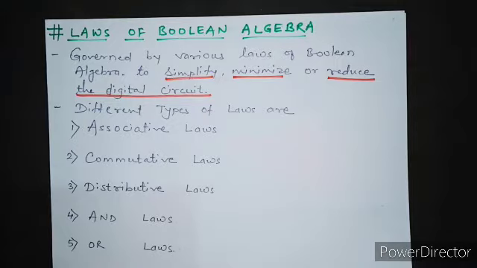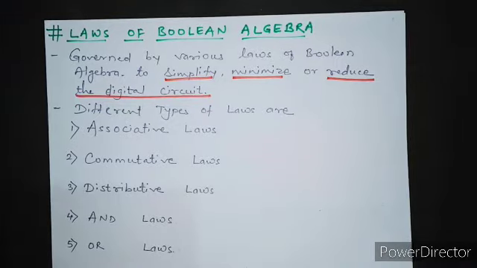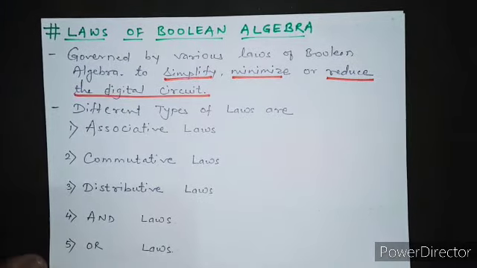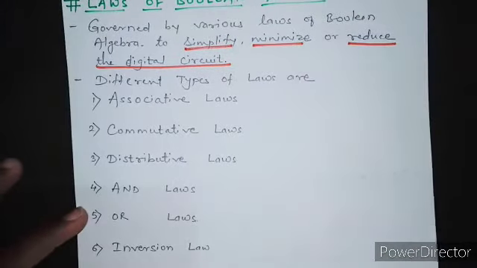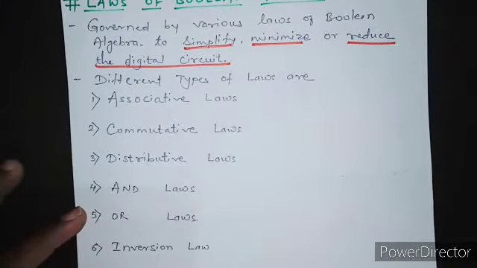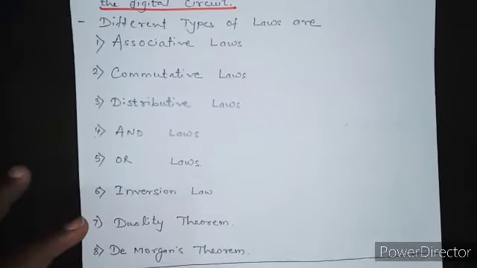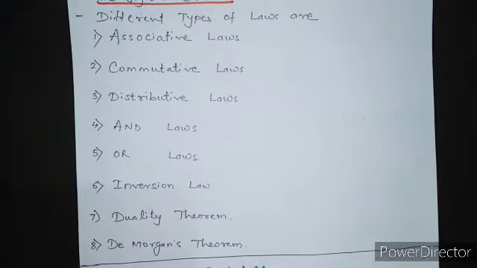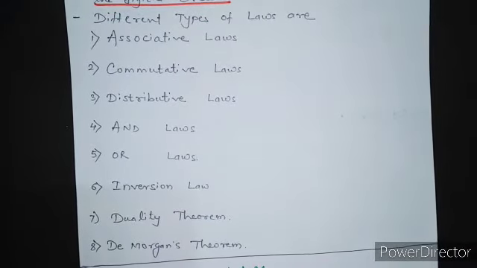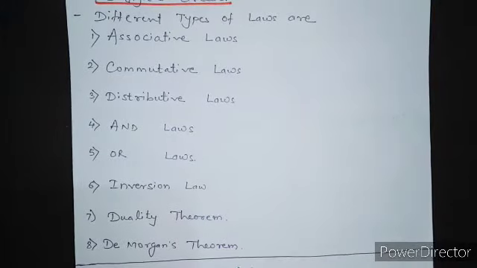Right? So you may have this type of question. Now what are the different laws that Boolean algebra has? There are different kinds of laws, and with the help of these laws we are going to reduce the given digital circuit or digital system.